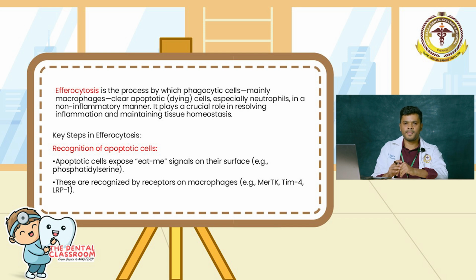What happens after the neutrophils enter the circulation? They go to the endothelial cells, and from the endothelial cells they reach the injury or infection site. After they engulf and kill the bacteria, the function of the neutrophils is over.